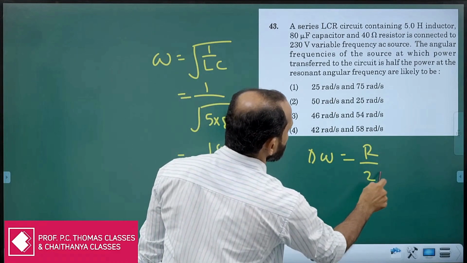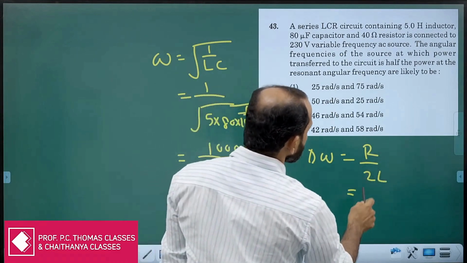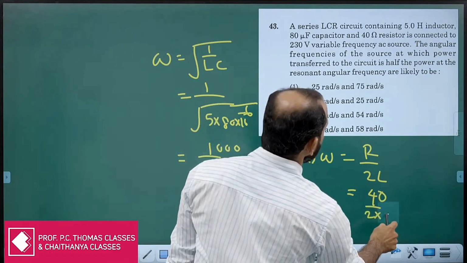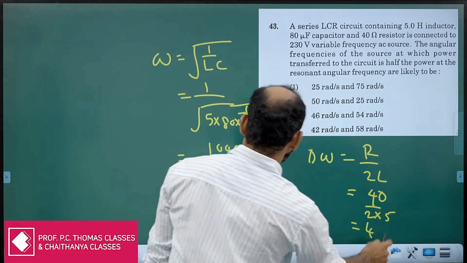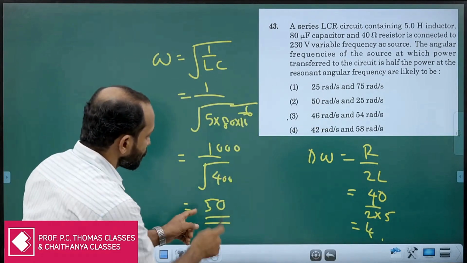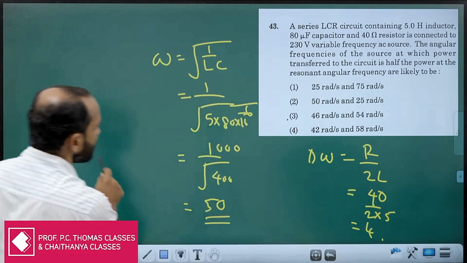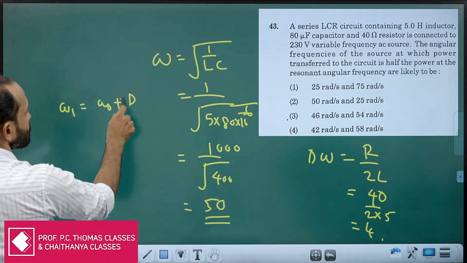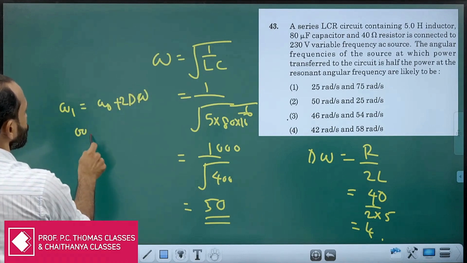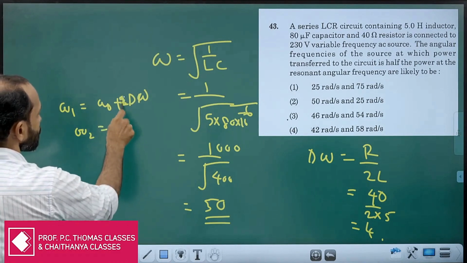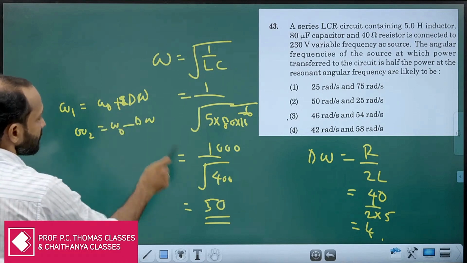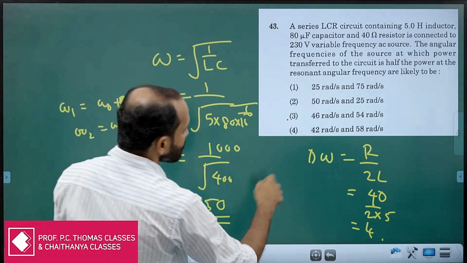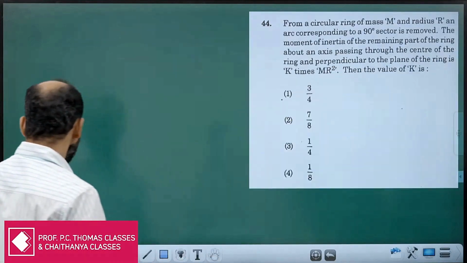Delta omega is R by 2L. You find R by 2L: 40 divided by 2 into L, which is 5. That gives 4. So delta omega is 4 radian per second. Here omega 0 is 50 radian per second. Therefore, omega 1 is equal to omega 0 plus delta omega, and omega 2 is equal to omega 0 minus delta omega. 50 plus 4 and 50 minus 4. So the correct answer is the third option.